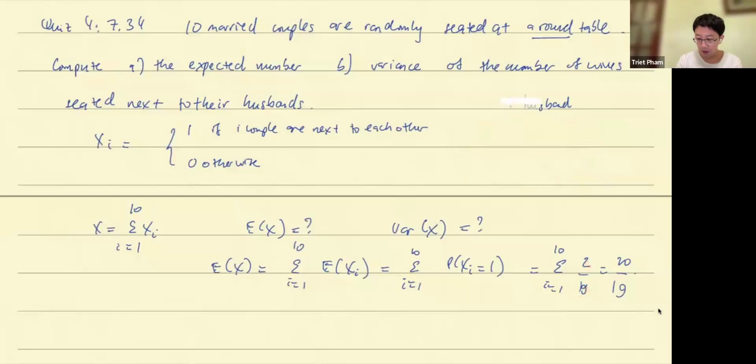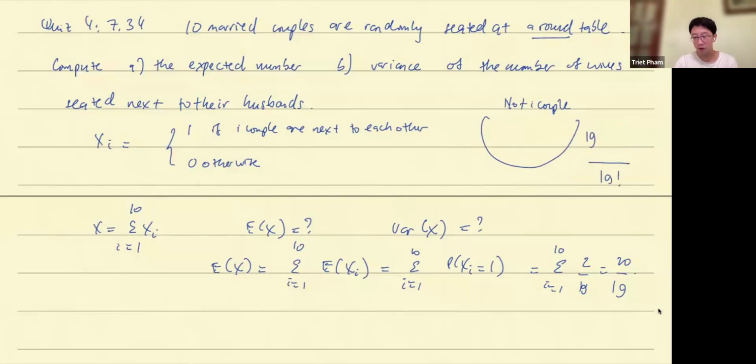The second way is to choose the anchor as someone not the i couple. So again, there are 19 positions left, so that's 19 factorial.